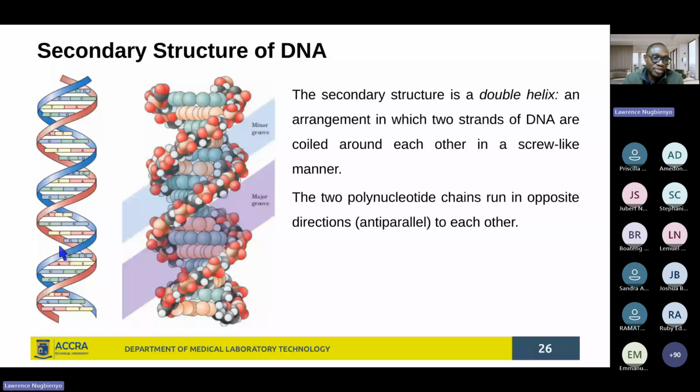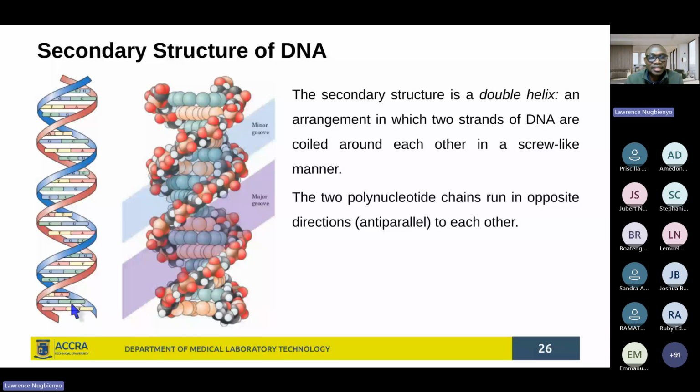And between these two strands, we see depicted the base pairs, like thymine pairing with adenine, cytosine pairing with guanine. We see that shown throughout. That structure is what is being referred to as the double helix structure.